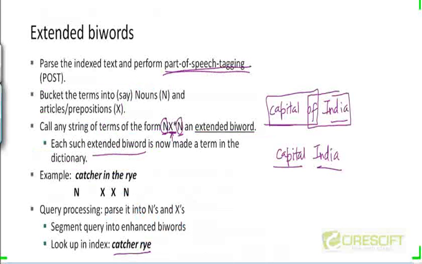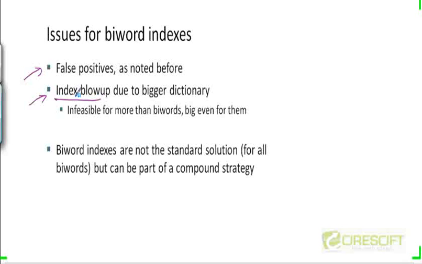And the other problem with this was that the size of the index blows up, because if we start combining words in pairs, then we can have a much larger number of pairs of words, because of which the size of the dictionary would blow up.